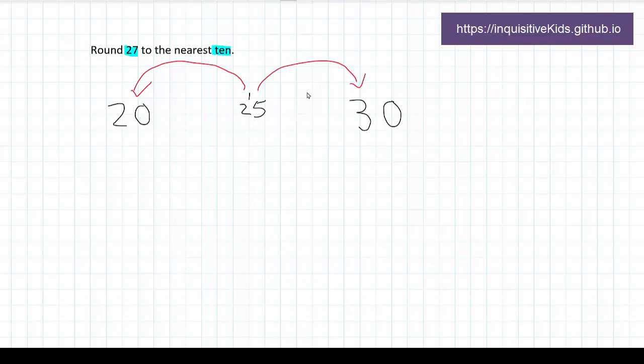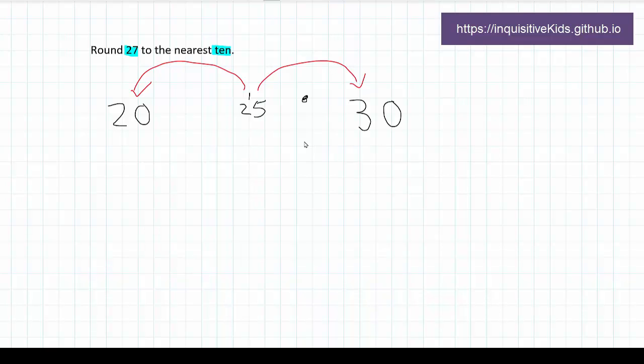Is 27 larger or less than 25? 27 is larger than 25. And since it's larger than 25, it means that it rounds up to 30.